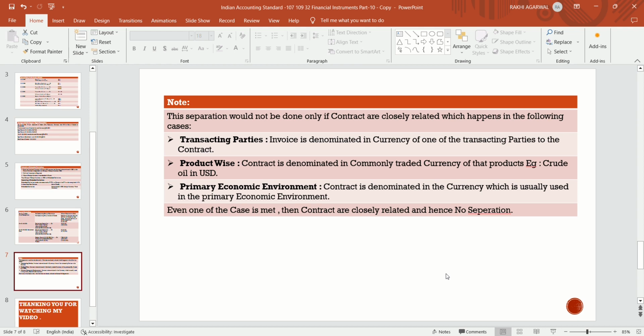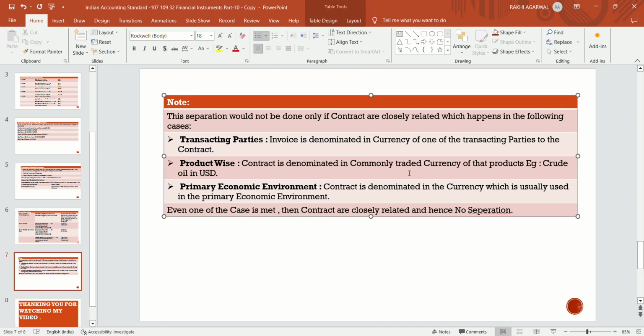Product wise, suppose the contract is denominated in the commonly traded currency of that product, like crude oil, which is generally denominated only in USD because crude oil comes from the Arab countries and is traded in USD, the common currency.